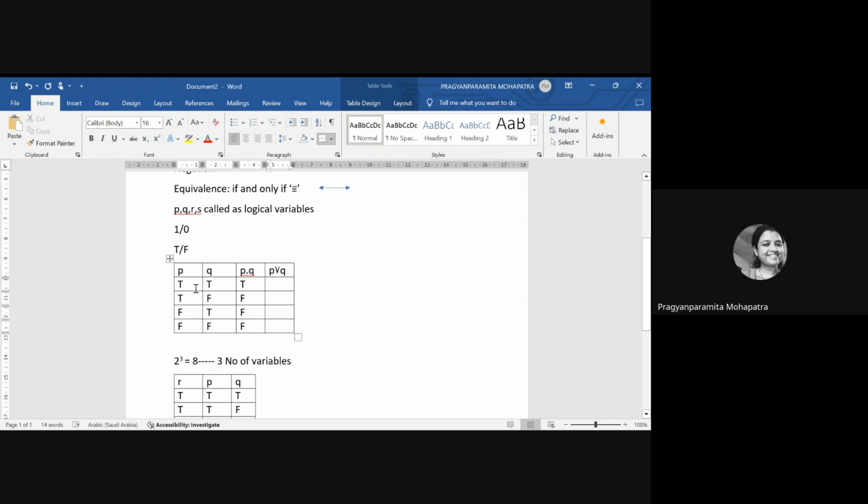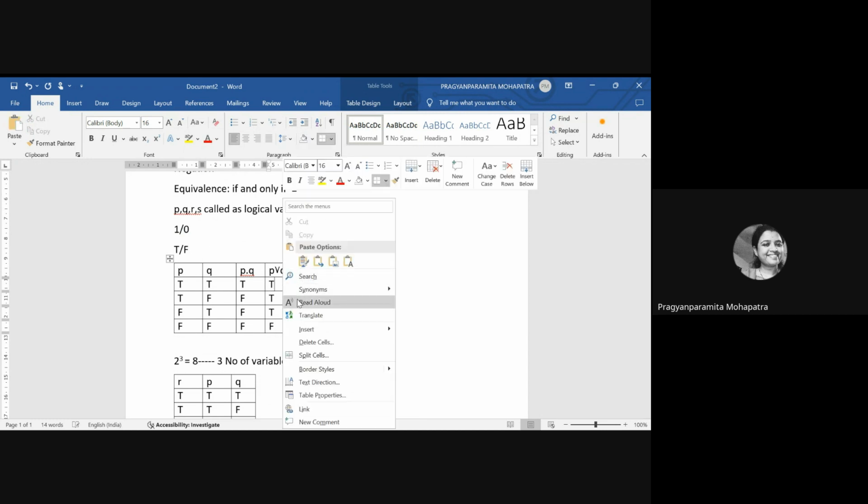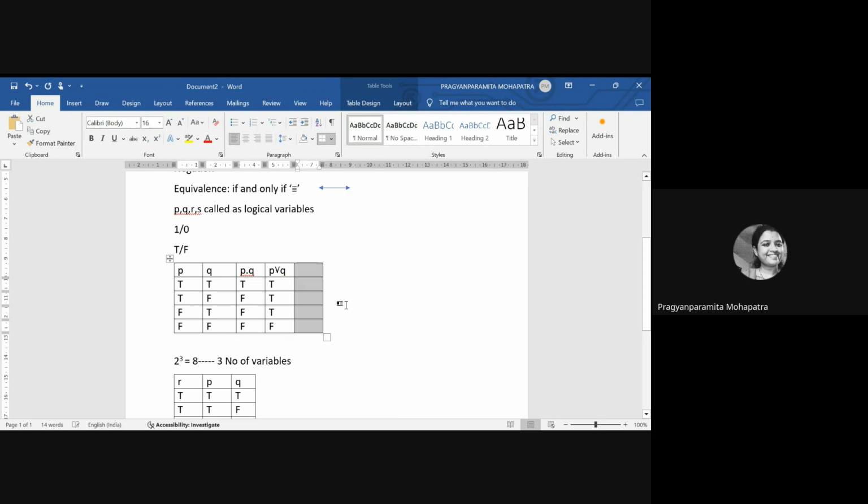Okay, if any one of these propositions is true, then P or Q is true. Okay. So here it is true, here it is true, here it is true, here it is false. Okay. Next is our implication.